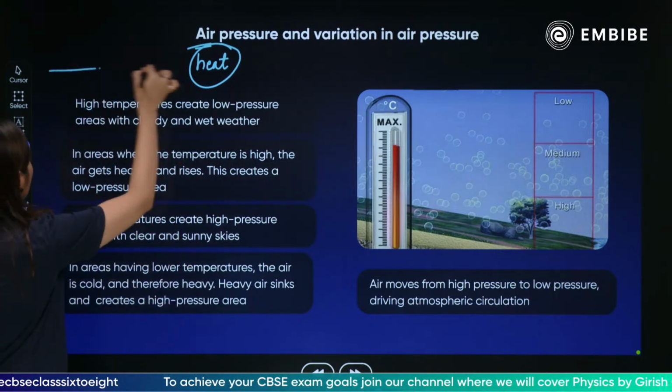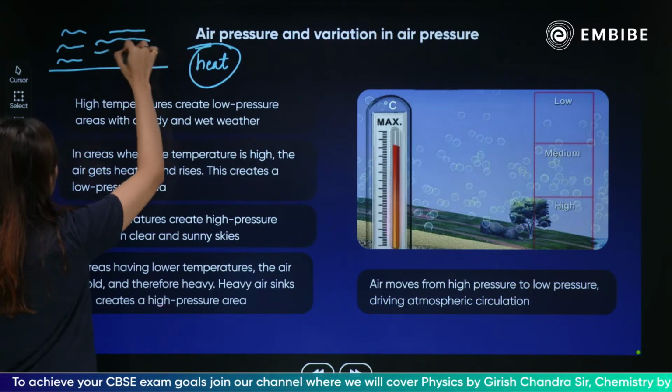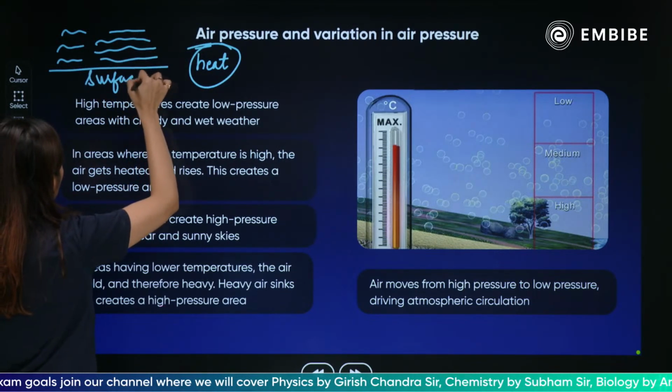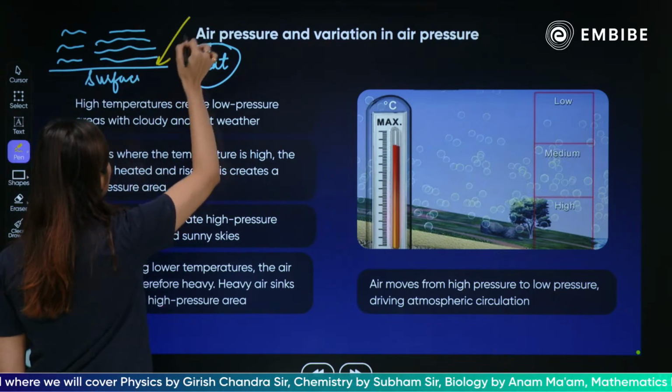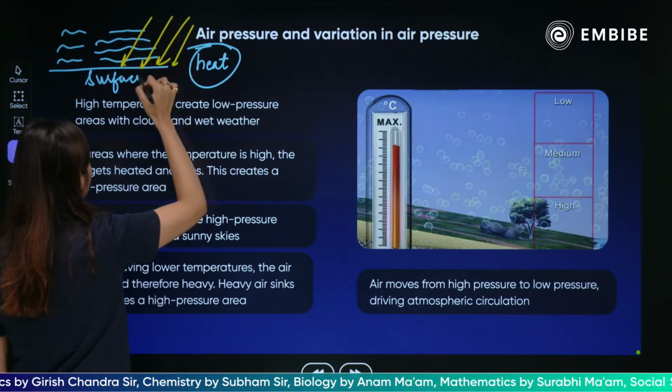So if this is the surface and this is the air, imagine a lot of sun rays coming here. यहाँ पे बहुत सारे sun rays आते हैं.